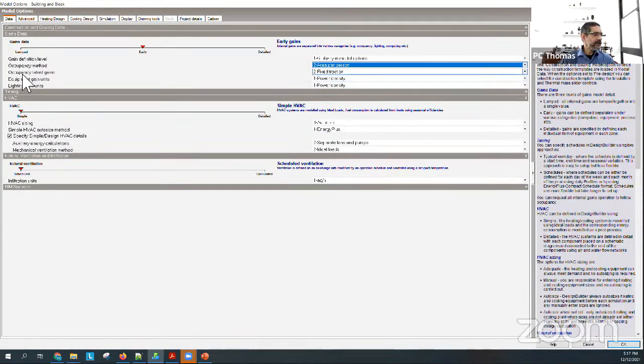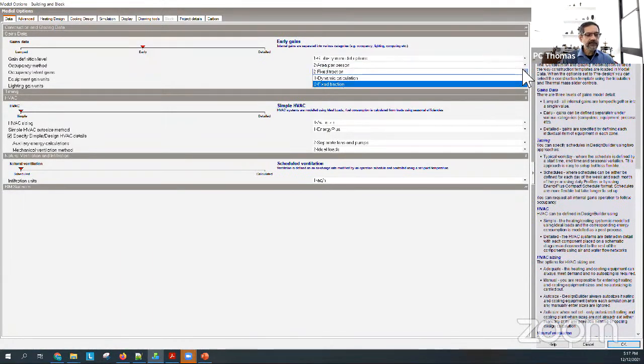The other one is this occupancy latent gains. So you remember I've put that fixed fraction, 0.42. If I don't put this fixed fraction, then the option is a dynamic calculation. EnergyPlus is really quite smart.